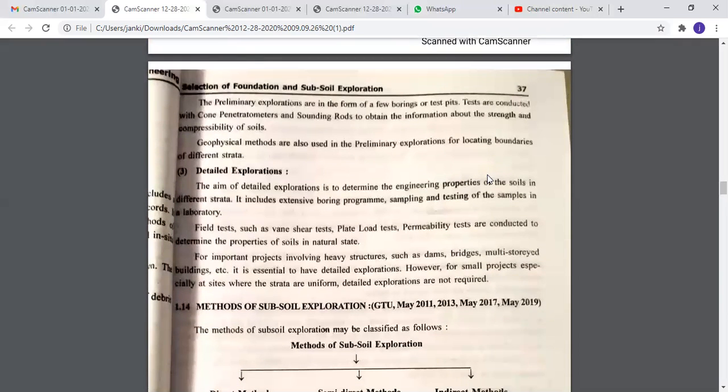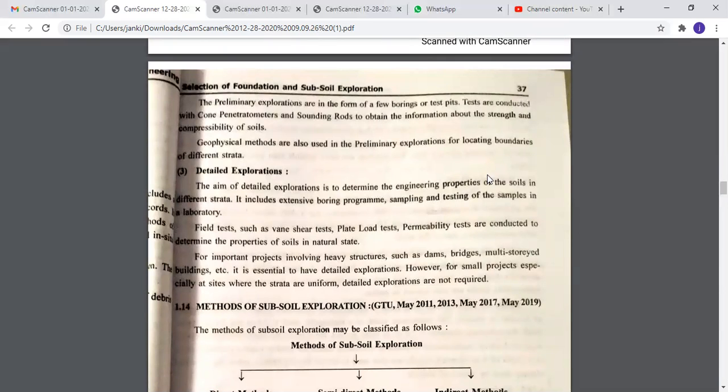And the last is detailed exploration. The main aim of this exploration is to determine the engineering properties of the soil in different strata, right? It includes an extensive boring program, sampling, and testing of the samples in a laboratory. Field tests such as vane shear test, plate load test, and permeability test are conducted to determine the properties of soil in its natural state, right?